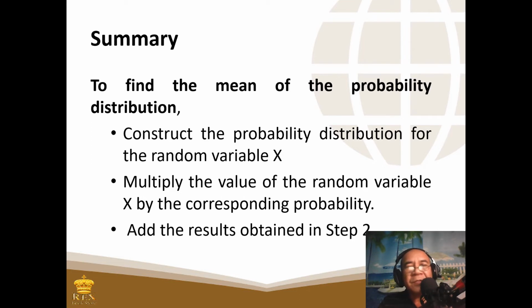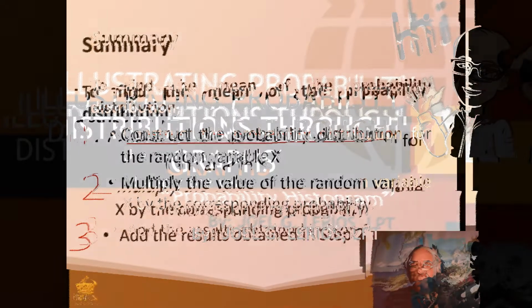To summarize, to find the mean of the probability distribution, there are 3 steps. Step number 1, construct the probability distribution for the random variable x. Number 2, multiply the value of the random variable x by the corresponding probability. And number 3, add the results obtained in step 2.